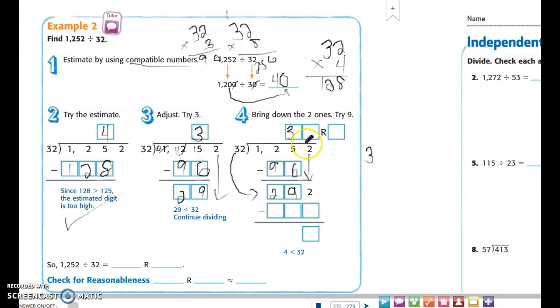32 times 9. Let's see. What is 2 times 9? 18. And 3 times 9?